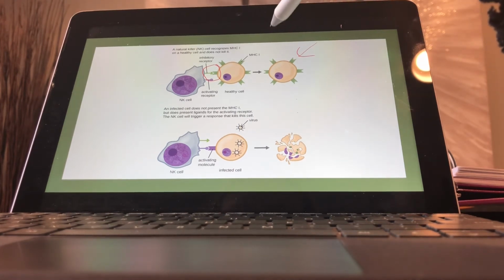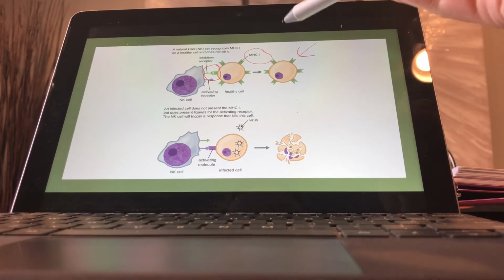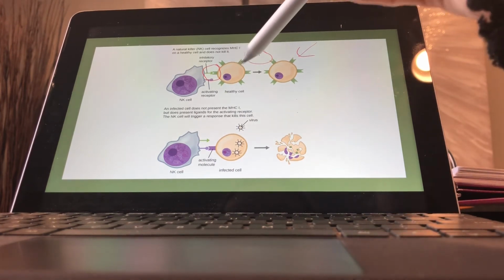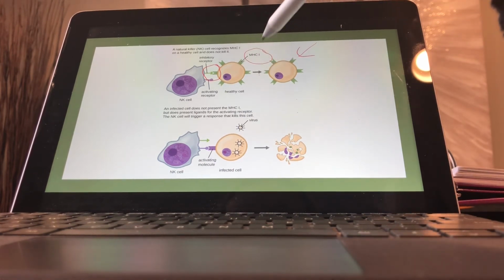You may see this term, MHC1. It is a type of receptor that they have recognized on cells. And there actually are a lot of studies going into these now and how they actually function. So when they do attach and it's found to be a healthy cell, then the cell will be released and it will not be killed.